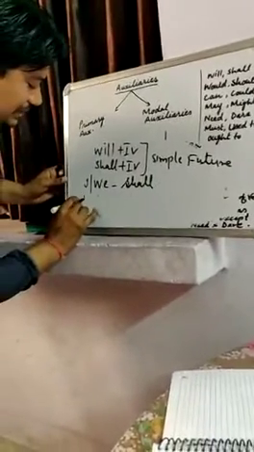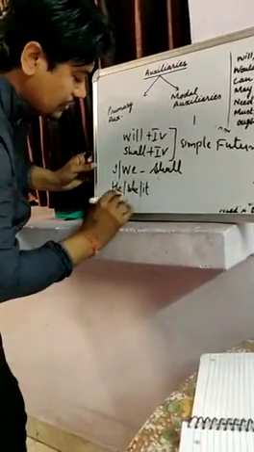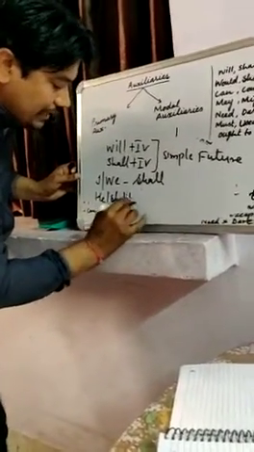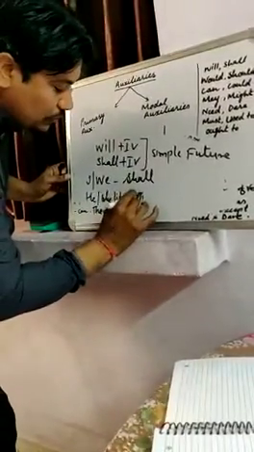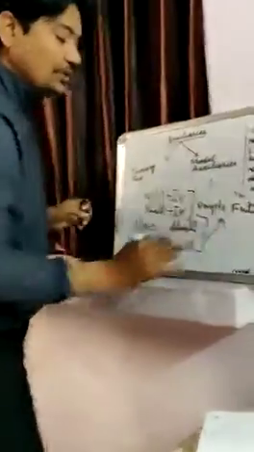And when the subject is he, she, it, they, you, and name, then we use will. In that case, both indicate what?